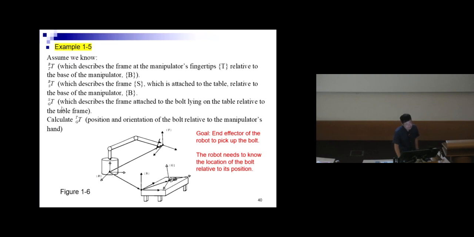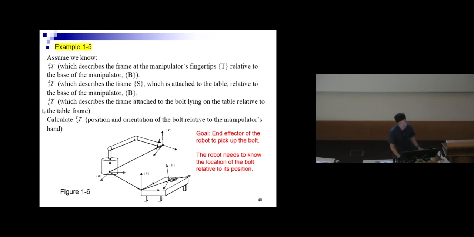Now you also know the frame of the board with reference to the frame X. So you have your XGT.